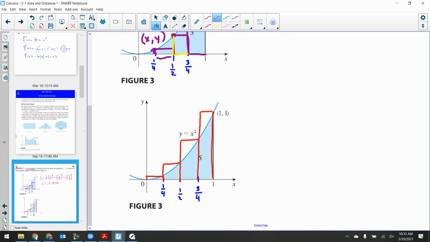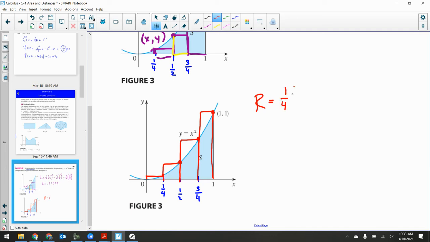So let's do that same area with the right side approximation. And again, why is it called right side? Because look at all the rectangles. Do you notice the points along the curve are the top right of the rectangle? Now, what are all the bases of these rectangles? 1/4, right?